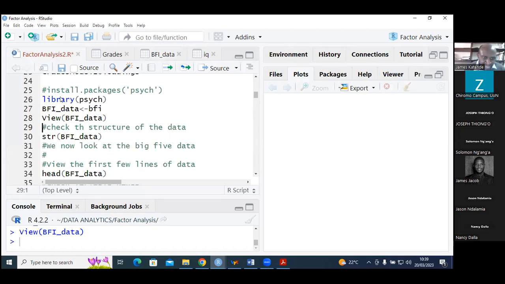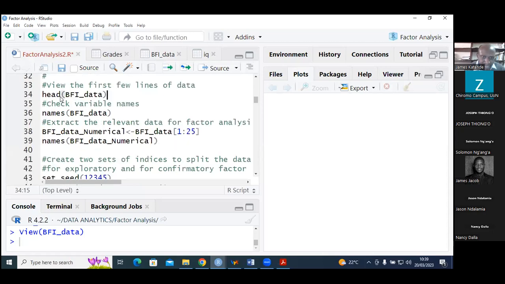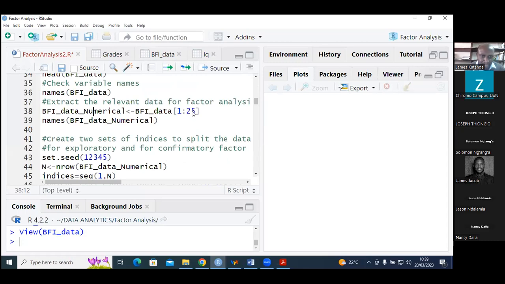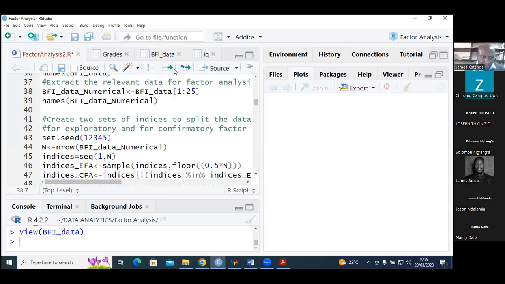We've already seen them, so I will not run that one. So we pick out the important data. The data must be numerical. So we remove the demographic data, the one for age, education. We don't need it for this analysis. So we only pick the numerical data using this. And this is what we shall work with going forward.